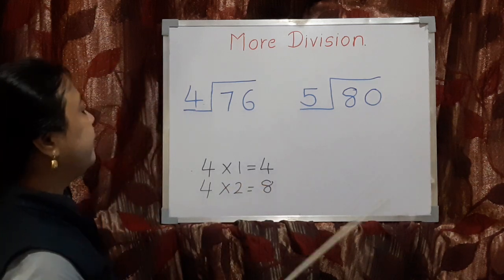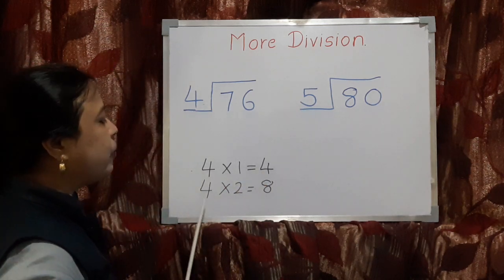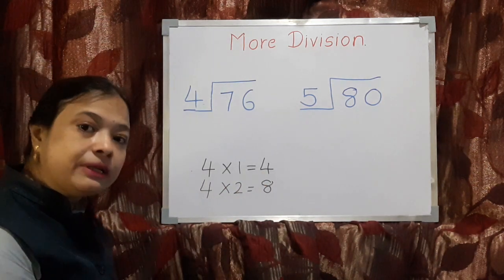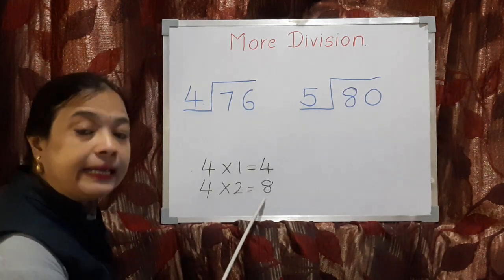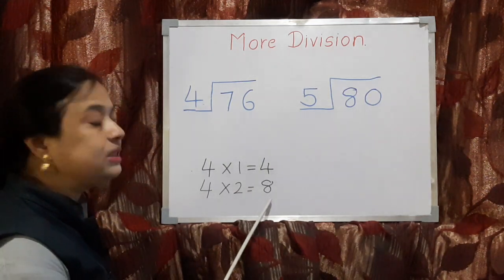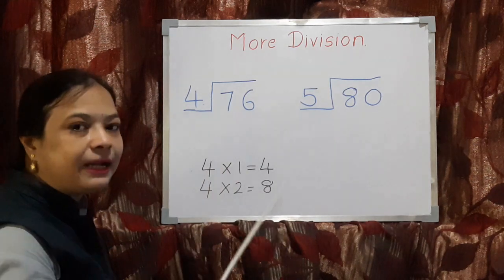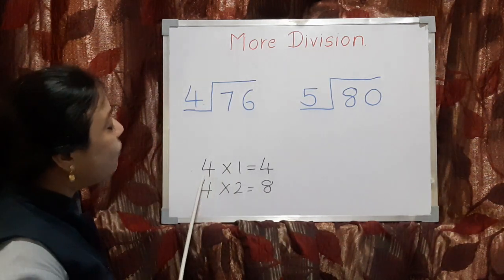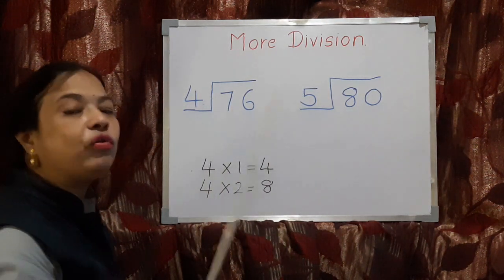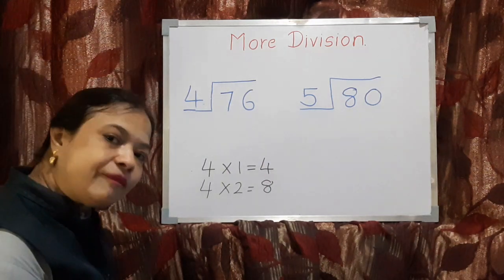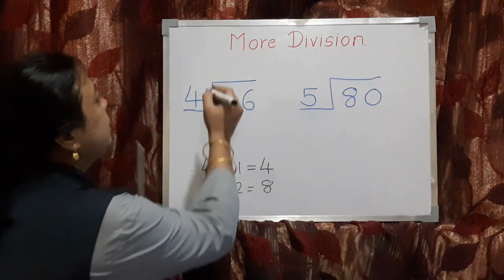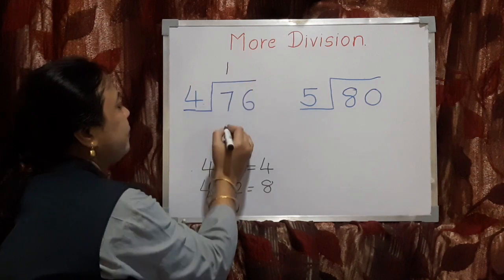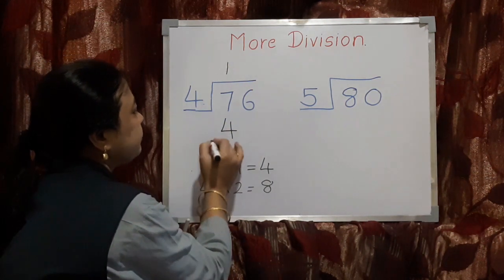See, 4 1s are 4 and 4 2s are 8, but here 7 is there, so we can't take 8 over here, right? 8 is bigger than 7, तो 7 से बड़ा नंबर हम नहीं ले सकते. तो what we will take, उसके ऊपर जो है वो ले लेना है. So 4 1s are 4 we can take. So here I will write down 4 1s are 4.